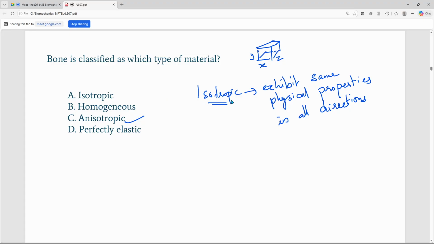This is mostly an assumption for most mechanical elements for analysis.